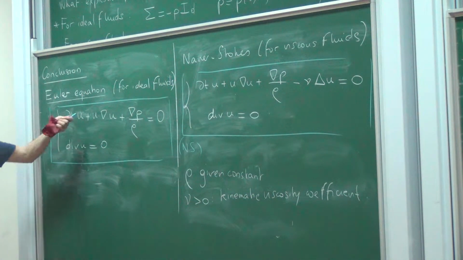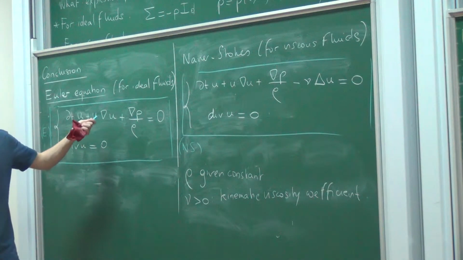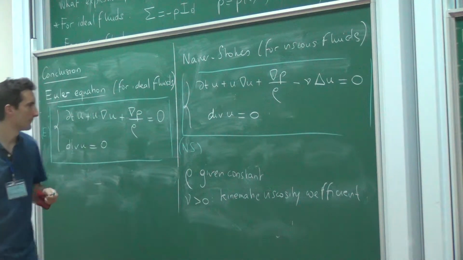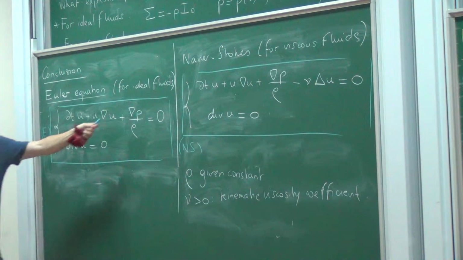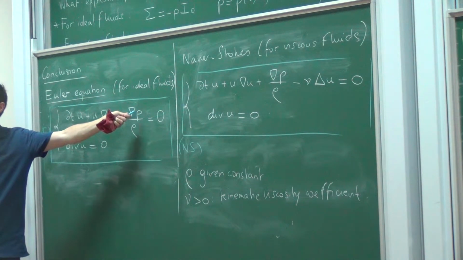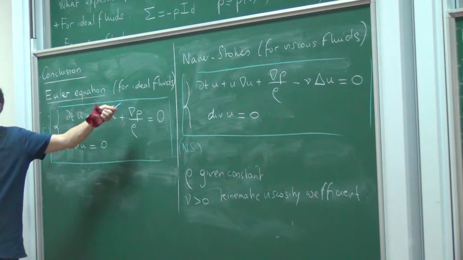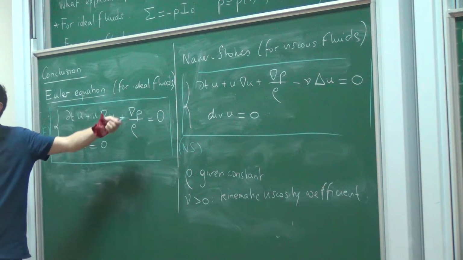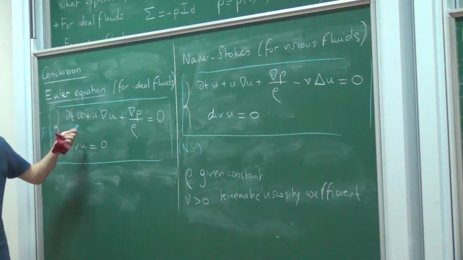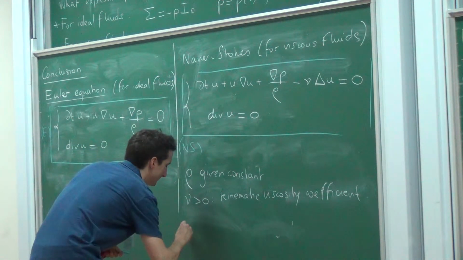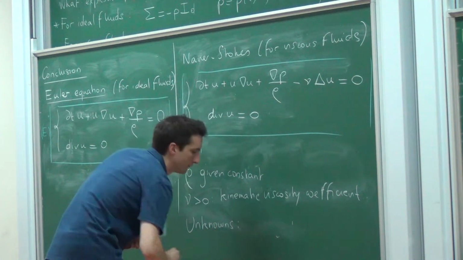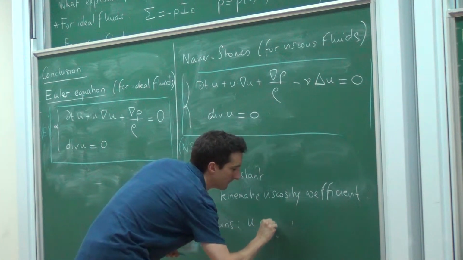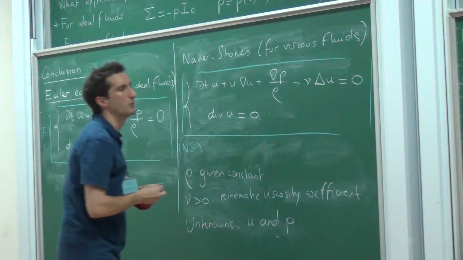And in this problem you have two equations, both in Euler and Navier-Stokes, and you have two unknowns which are the velocity field and the pressure field. So the pressure field is some kind of weird unknown, but I will come back to that. So the unknowns are u, the velocity field, and p.